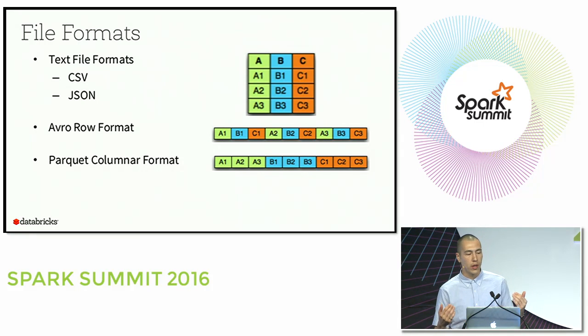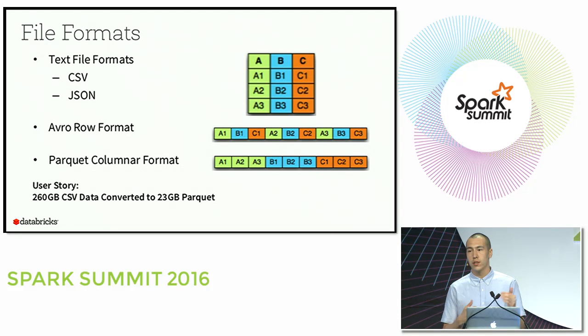Avro is a row-oriented format, but Parquet is a columnar format, which is more efficient because, if you see the diagrams here, the Parquet format groups all the different columns into a row group, and because they are all the same data type, we can do efficient encodings of them. We can compact them more, we can use cool techniques like bit packing if they're all ints, or if they're strings, we can do a good compression there.